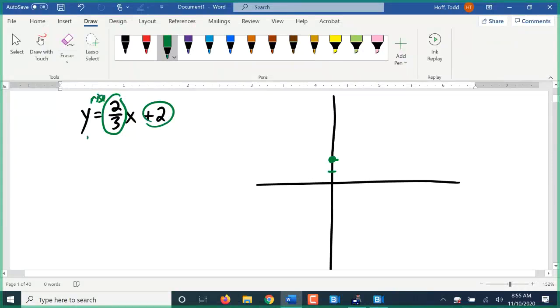The denominator is the run. So from that first point, this one right here, we're going to rise 2, run 3. That gives us our second point on the line. Our line goes through those 2 points like that.